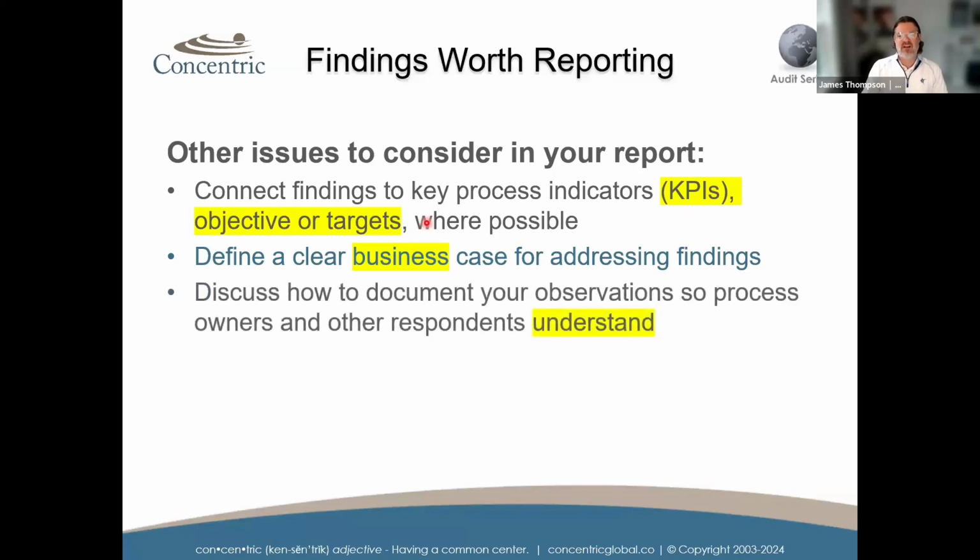Define and discuss how to document your observations so that process owners and other respondents understand. This is something that I do on a regular basis, and it's a great practice. How can I write this in a way that represents the reality of what the truth is? Here's the observation that I have, but how can I write that in the best way for you and your team to take action?